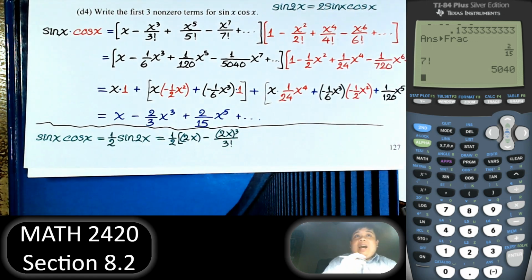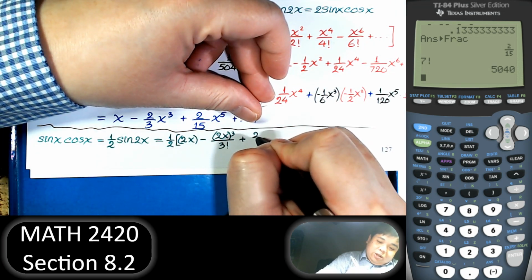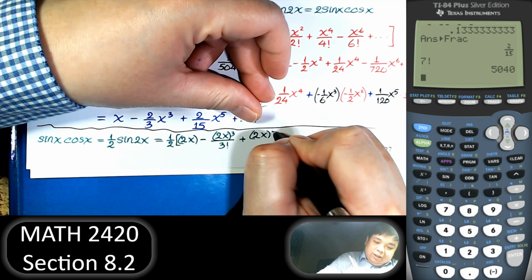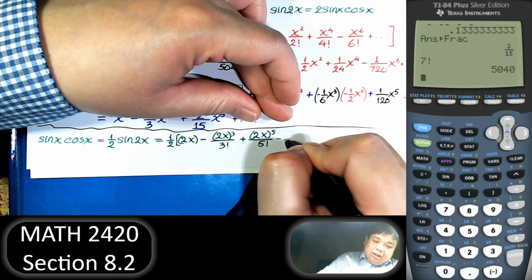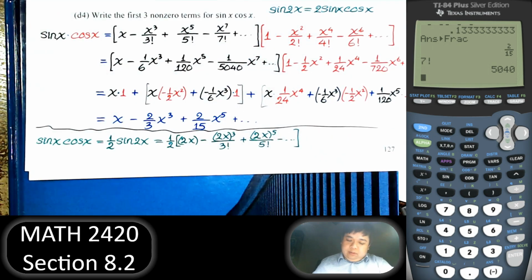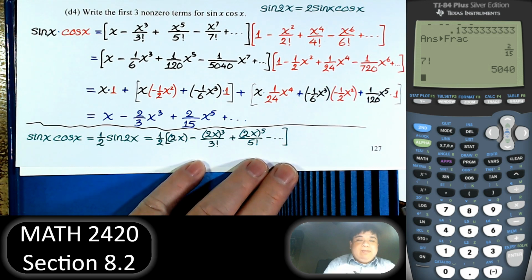You see, I just replace x by 2x, and then plus 2x to the 5th over 5 factorial, and so on. So that's just the power series for sine of 2x.